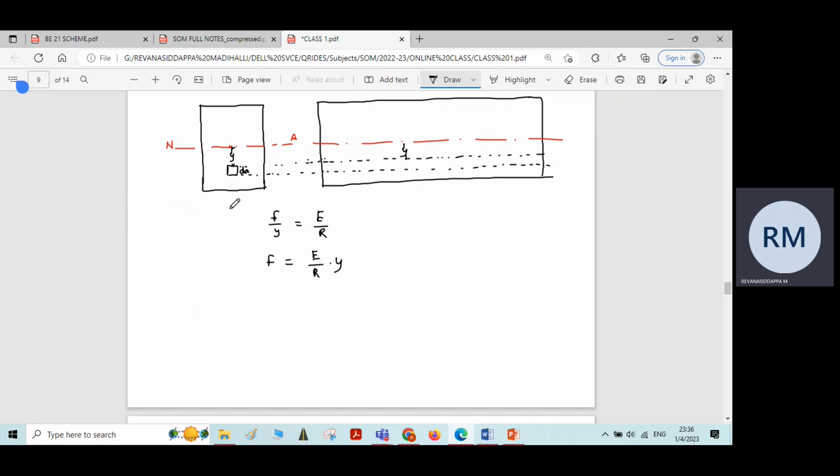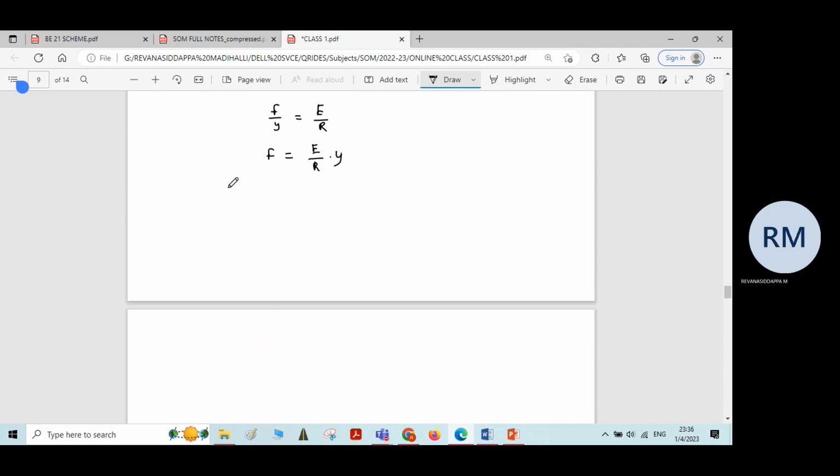Now what we will do, we will calculate the resisting force at this elemental area dA.